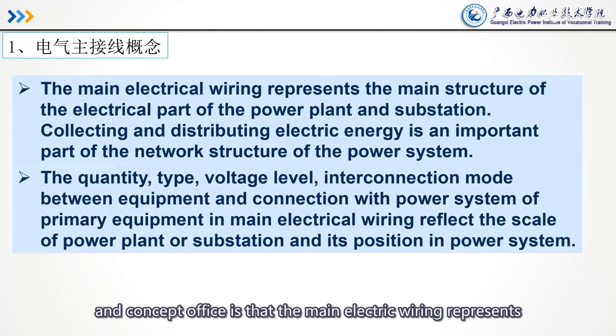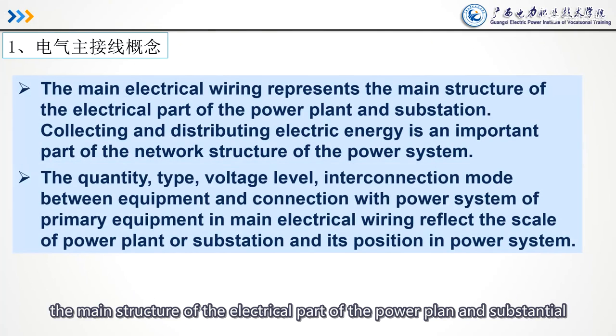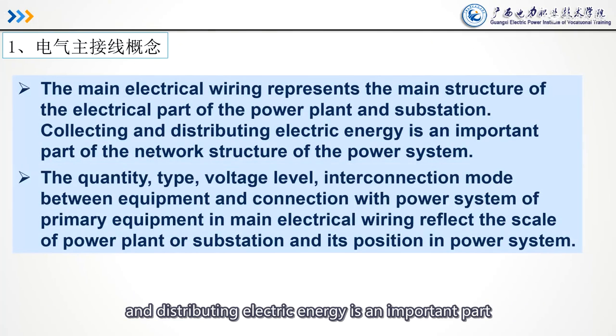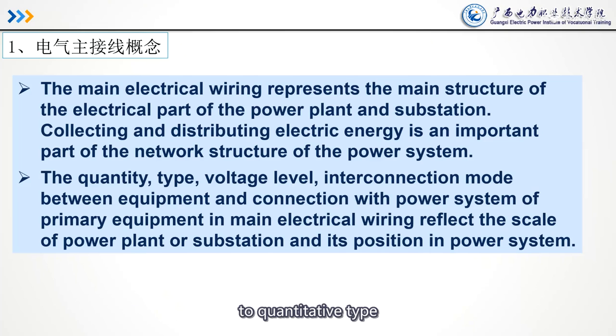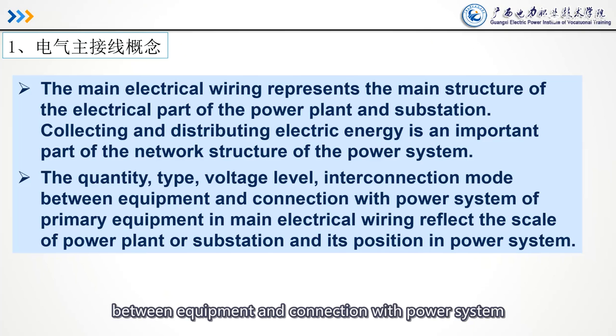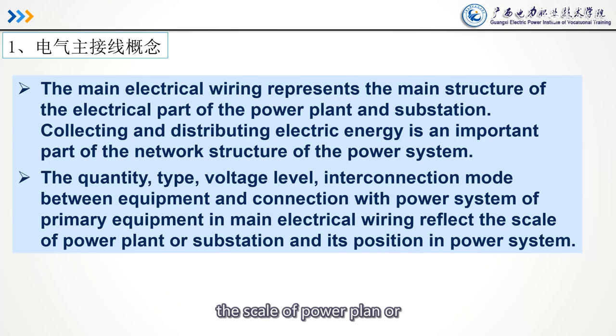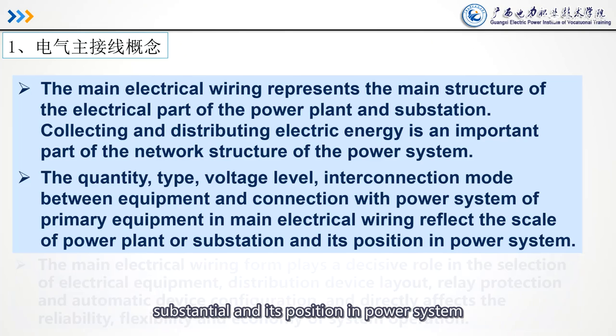The main electric wiring represents the main structure of the electrical part of the power plant and substation. Collecting and distributing electric energy is an important part of the network structure of the power system. The quantity, type, voltage level, interconnection mode between equipment and connection with the power system of primary equipment in main electrical wiring reflect the scale of the power plant or substation and its position in the power system.